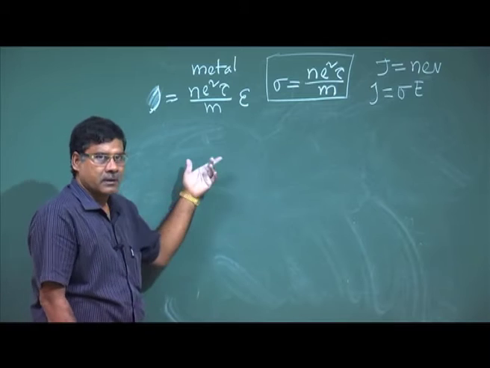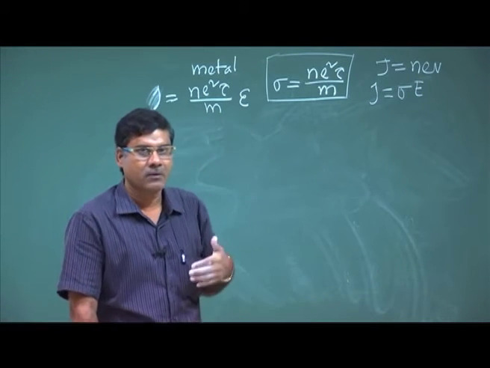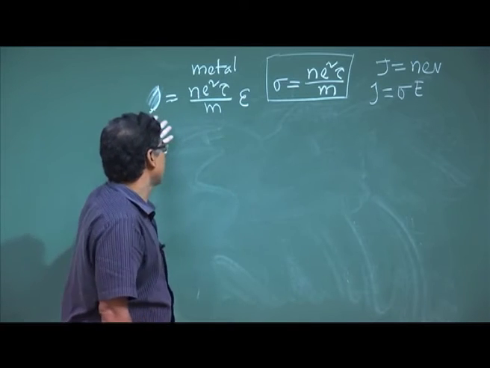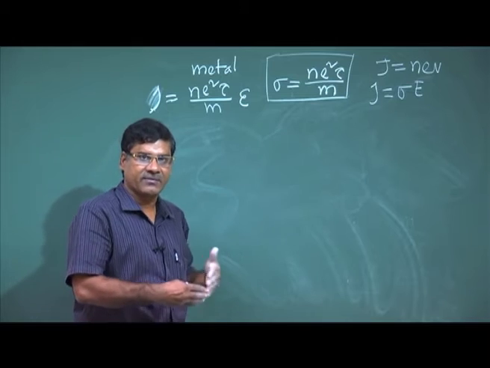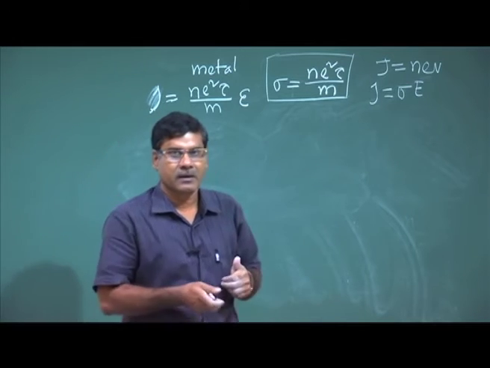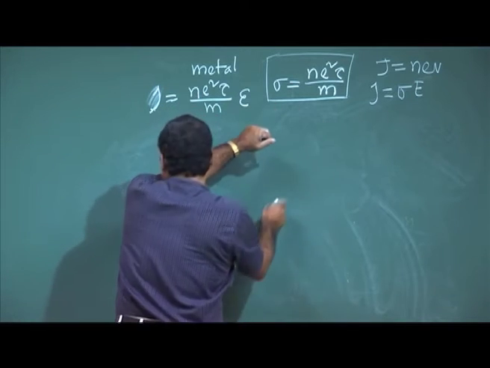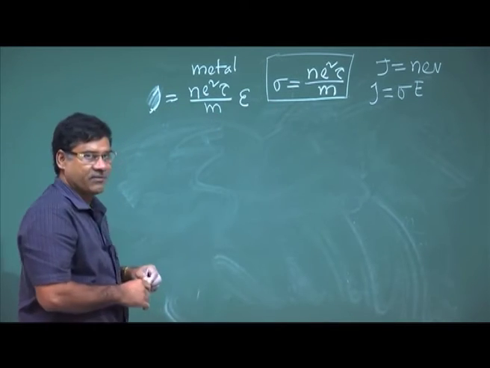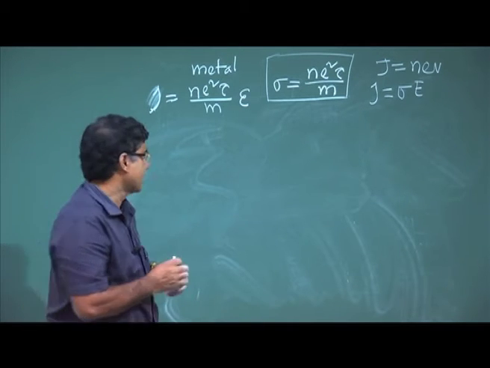Now, I want to apply a magnetic field along with this electric field. Because of the electric field, current is flowing through the sample. If I apply a magnetic field on it, what will happen, that we want to study.